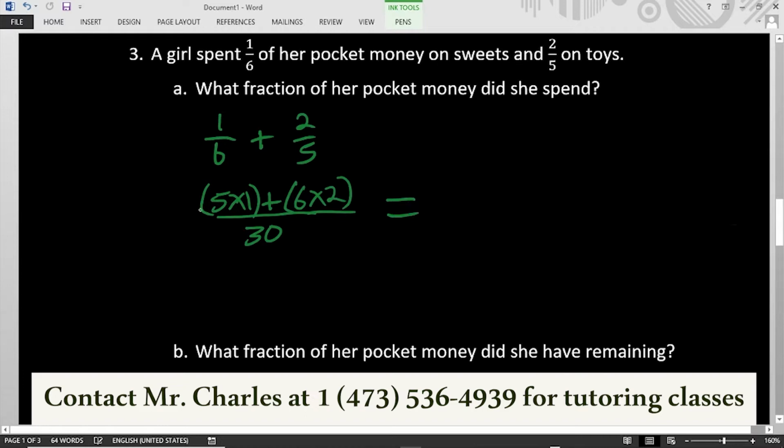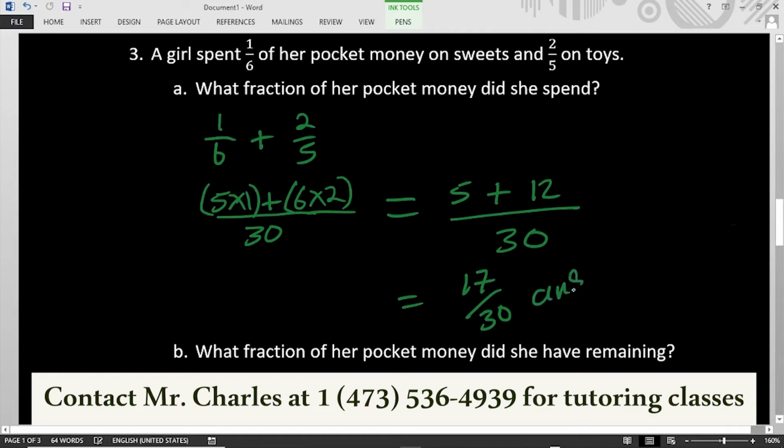So we get 5 times 1 is 5, plus 6 times 2 is 12, all over 30. 5 plus 12 is 17, so that's 17/30. The fraction of her pocket money that she spent is 17/30. That's the answer there.